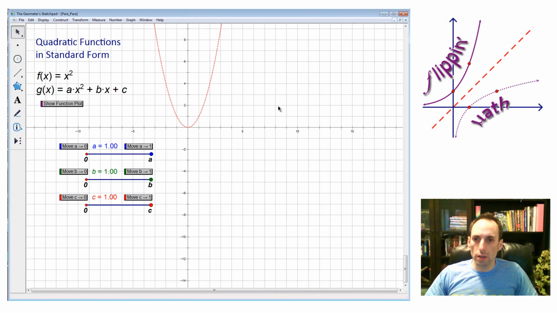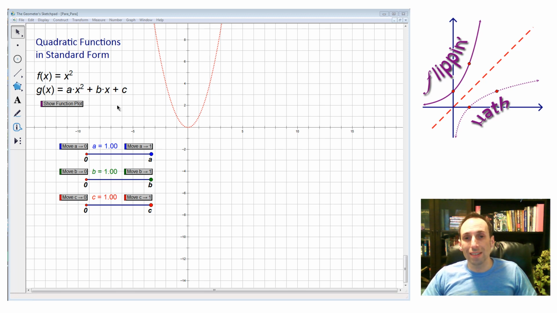All right, so here's a Geometry Sketchpad demo to show us exactly what each of the parameters does on a quadratic function in standard form. If you have an iPad, and you've downloaded the Sketchpad Explorer app, you can open this off of my website and you can play around with it yourself and have a lot of fun.